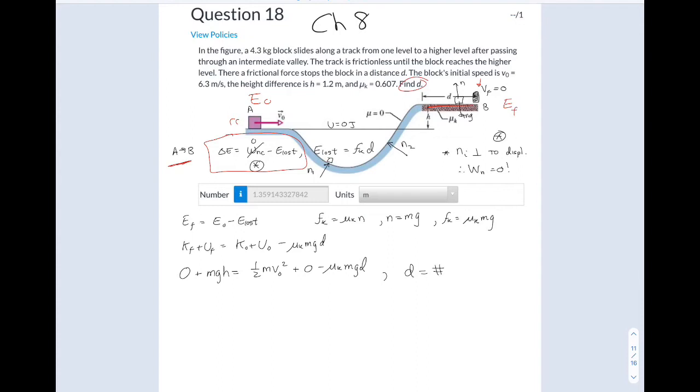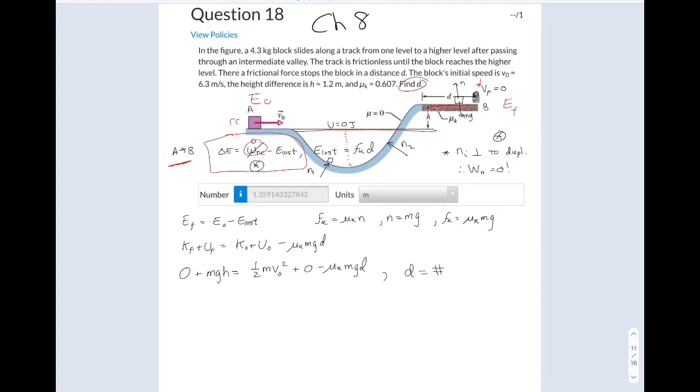I had to pick a reference point for potential energy. Since I have no idea what that height is, that's why I chose my reference point up here, because I know all the heights with respect to that height.